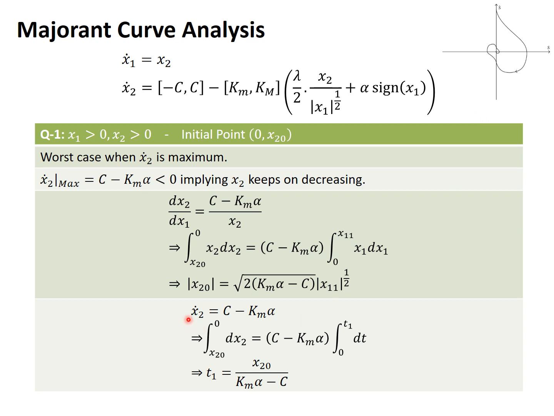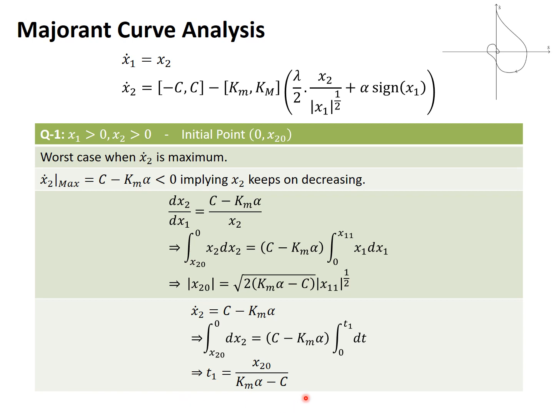For calculating the time, we are looking at x2 dot. The maximum value of x2 dot is C minus Km alpha. We integrate this from x2 0 to 0, the time is from 0 to t1, and t1 has come out like this.